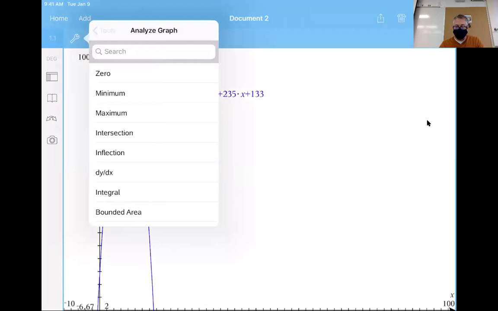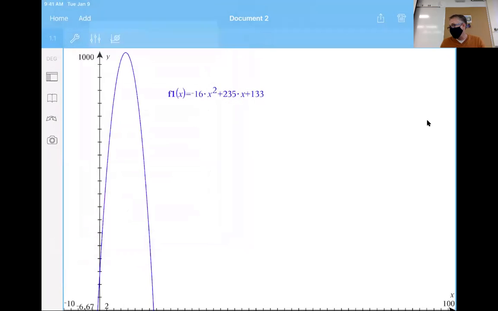Your parabola, okay, what does it look like? Okay, so somebody's parabola doesn't look like this. So let's first check the equation and make sure we didn't miss an x. Perfect, you have the equation right. So now let's go to the tools.